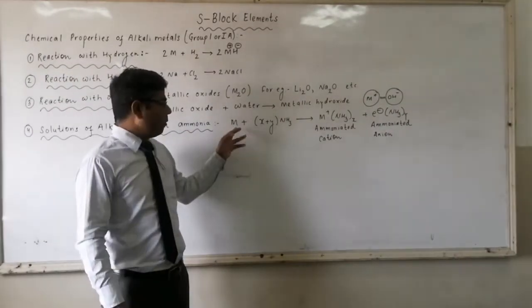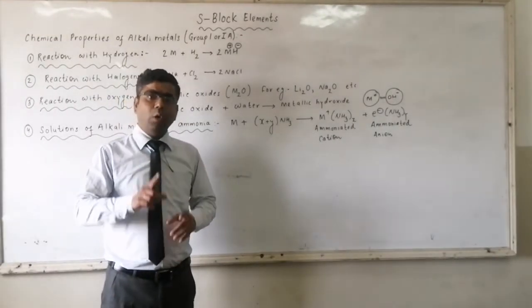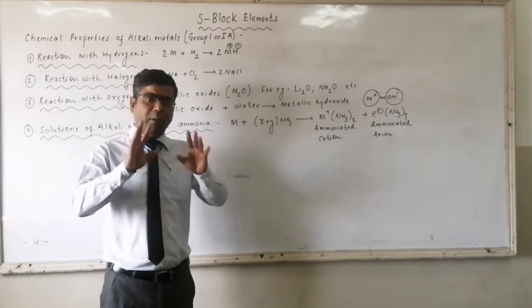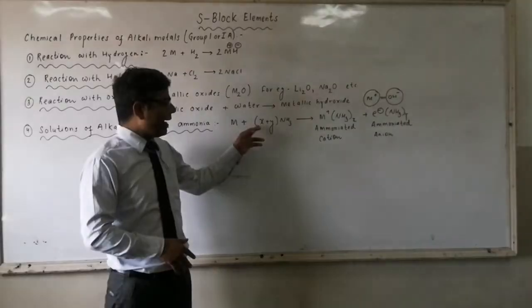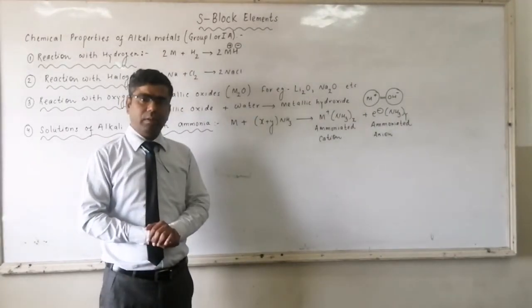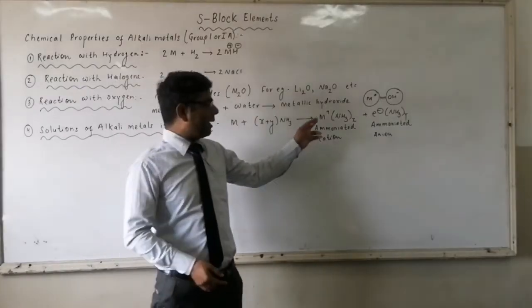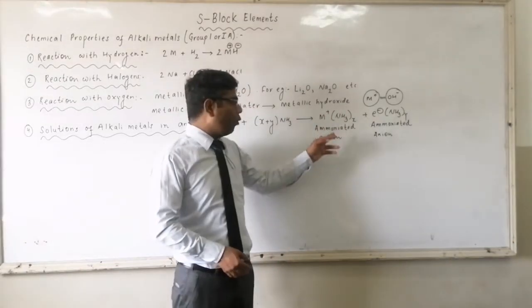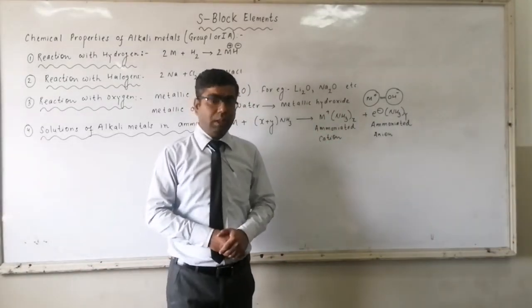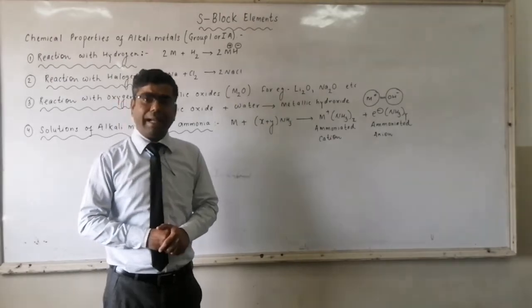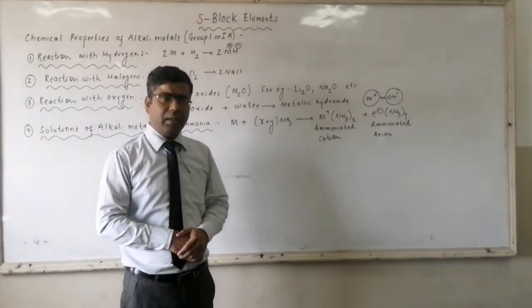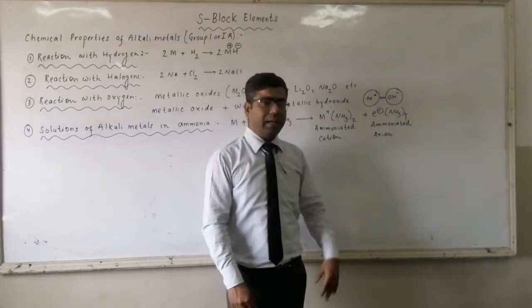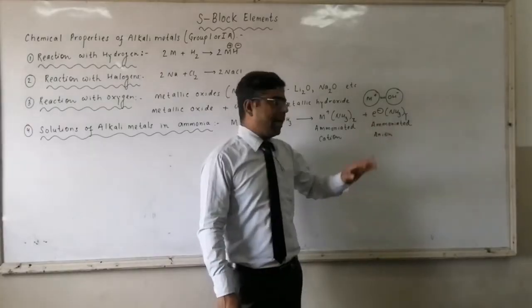The metal atom loses one electron and forms M plus ion. This M plus ion gets surrounded by x molecules of ammonia. We get M(NH3)x plus, which is called the ammoniated cation. The electron released from the metal atom will be surrounded by y molecules of ammonia, so it will be e minus (NH3)y, the ammoniated electron.